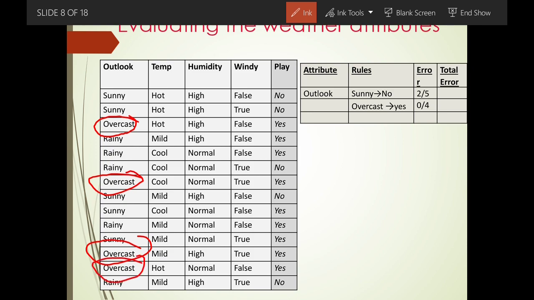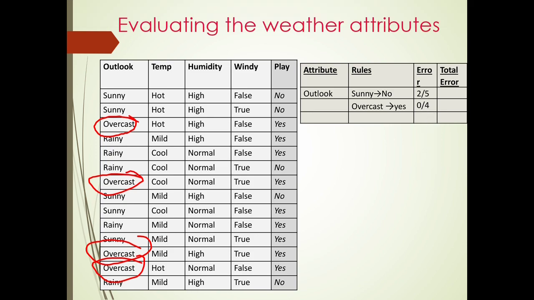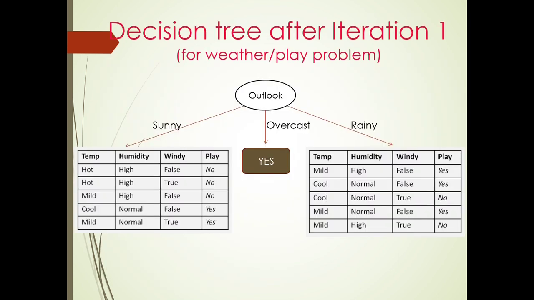The rule is overcast is equal to yes. The first one is yes, the second one again yes, the third one again yes, and the fourth one again yes. So there are no errors, so that's 0 of 4. We'll check for other conditions.